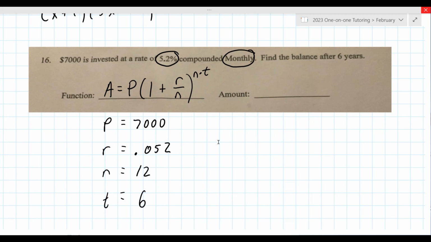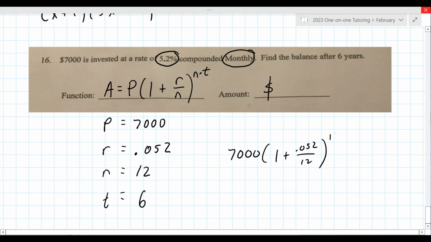It's up to you if that's what you're going to end up doing. 9,556.64. Good, really good.